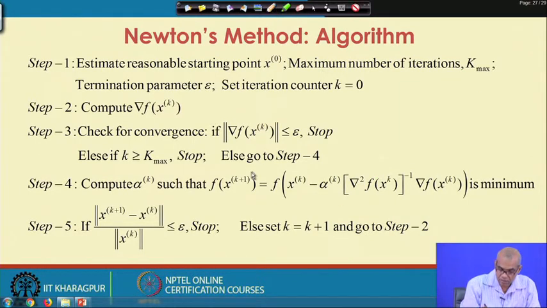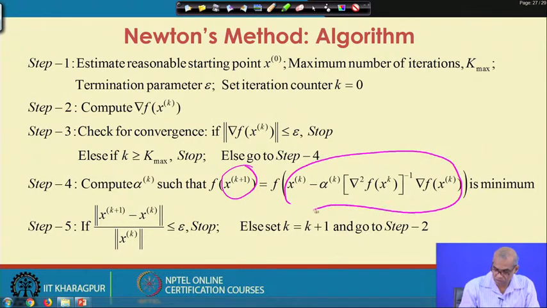Note that x k plus 1 is nothing but this, and the classical Newton's method is obtained when you set alpha equal to 1.